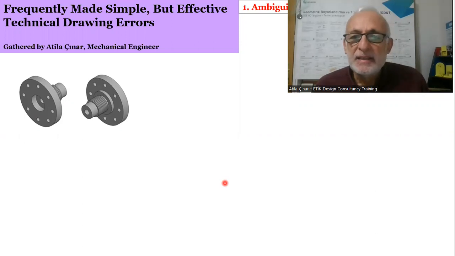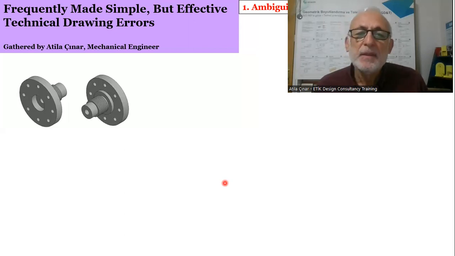This year, I decided to prepare a series of short videos which will tell about the simple errors made in technical drawings. In my life of mechanical engineering, I worked with hundreds of thousands of technical drawings. All technical drawings normally have errors, mistakes.